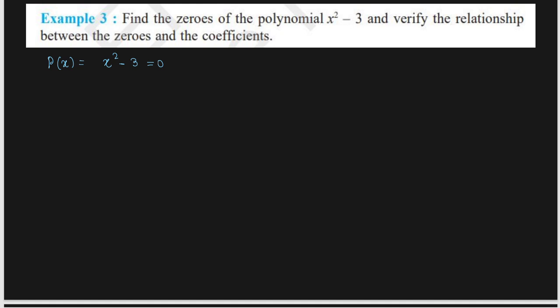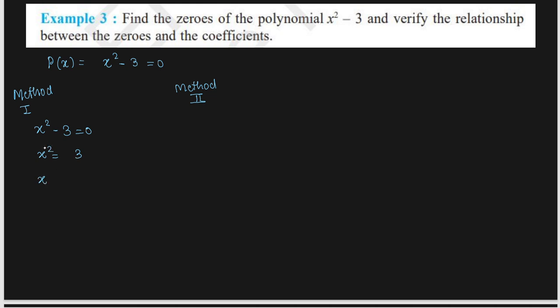The simple way, I'll explain method 1 because most of the students understand method 1. Some of you like method 2 as well, so I'll explain both. Method 1 is x square minus 3 is equals to 0. So I'll write x square is equals to 3.